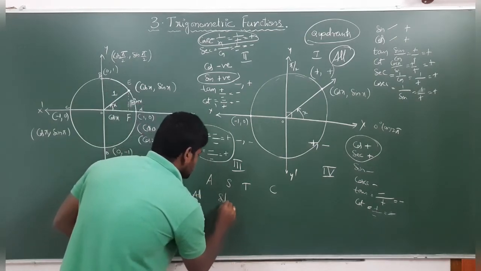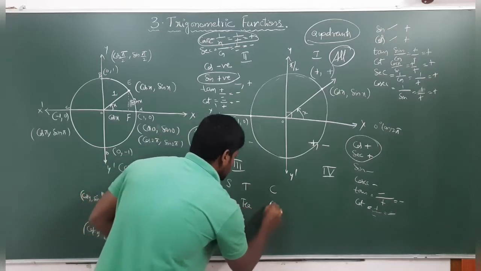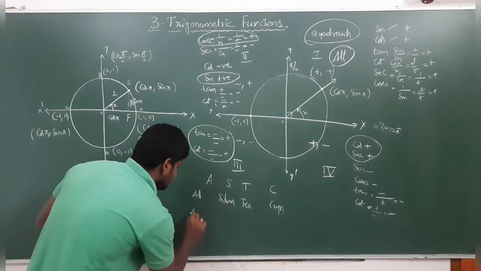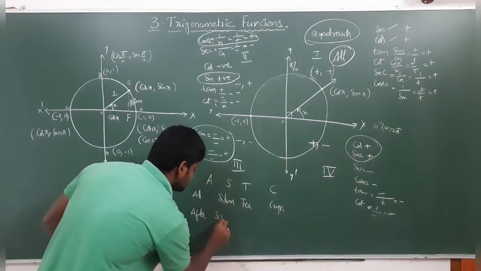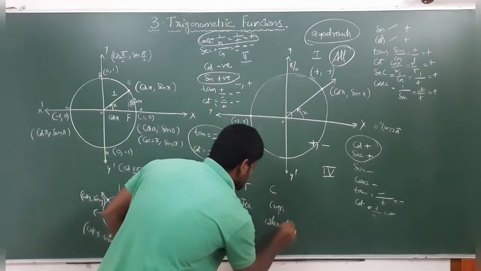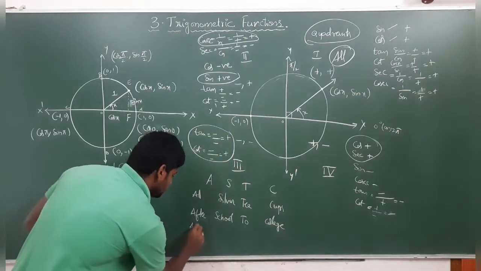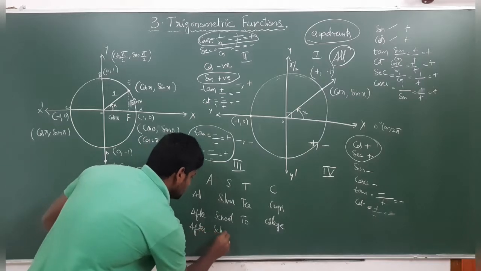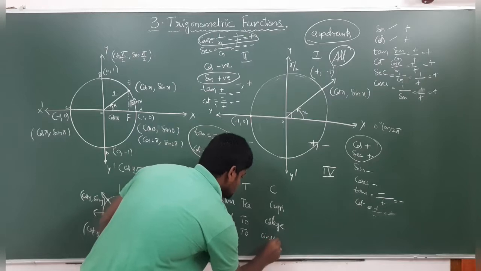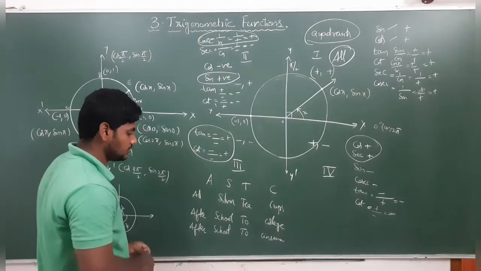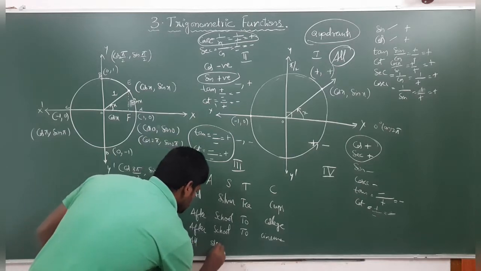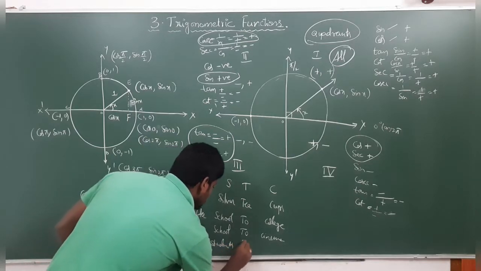To remember this A, S, T, C order, I will make it as: all silver teacups, to remember easily. Or after school to college, or after school to cinema, or all students 10th class.